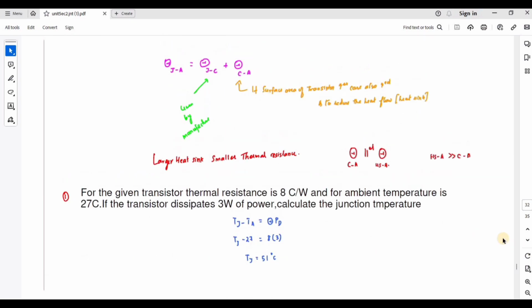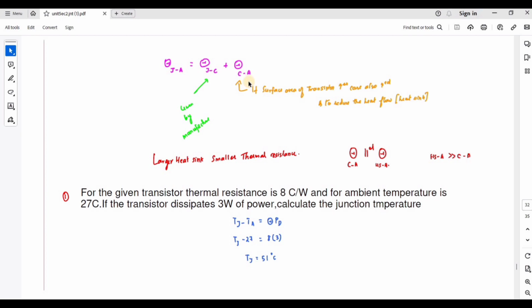So I can write the constant of proportionality, junction to the ambient temperature, is equal to junction to the case plus case to the ambient temperature.